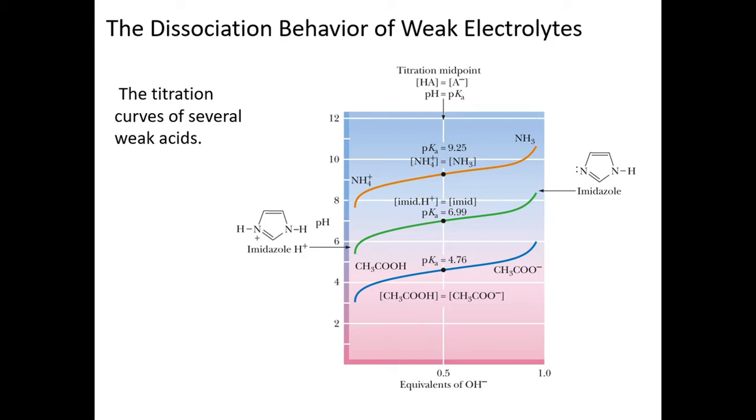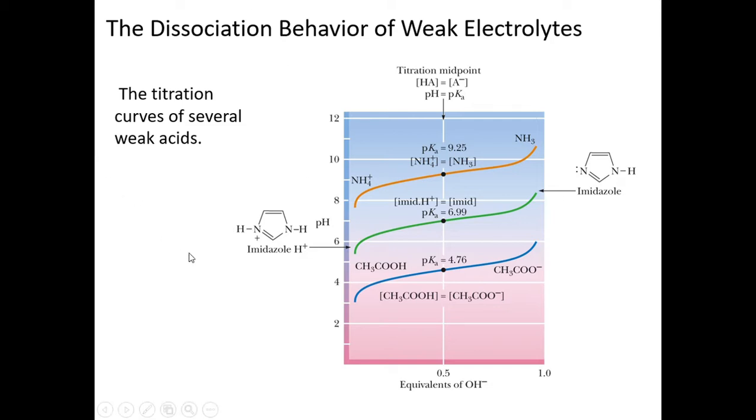Okay, so what are we looking at here? We are looking at what is called a titration curve. And this is describing for us the ionization of a particular molecule.